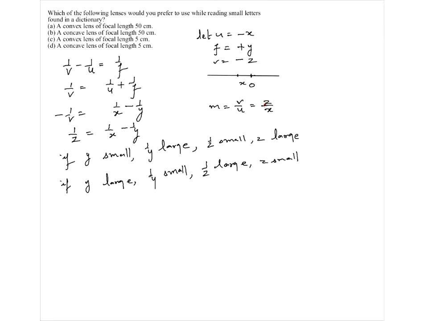If you make a focal length large, 1 upon y will be small. You subtract a small number from 1 upon x. That means 1 upon z will be large. If 1 upon z is large, z is small. If z is small, then m is small. So y small should be the correct choice.